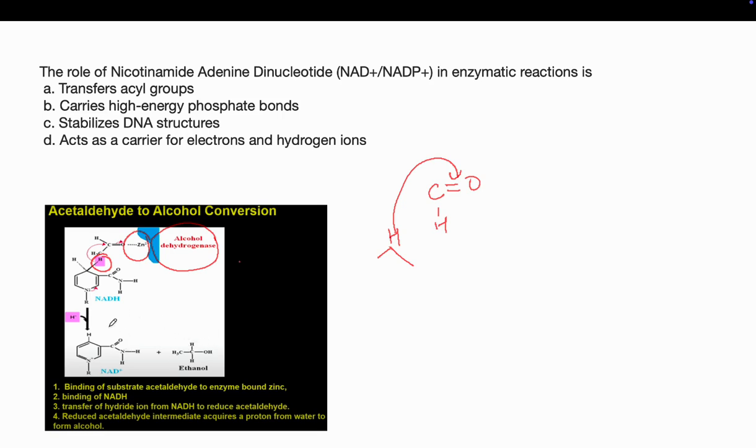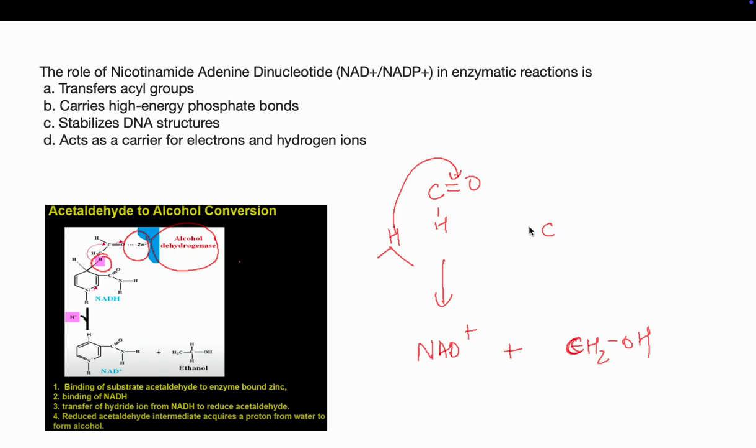The alcohol dehydrogenase is attacking this, and we will get NAD+ and we will get ethanol, CH2OH. So the hydrogen will come, and this is a reduction reaction.